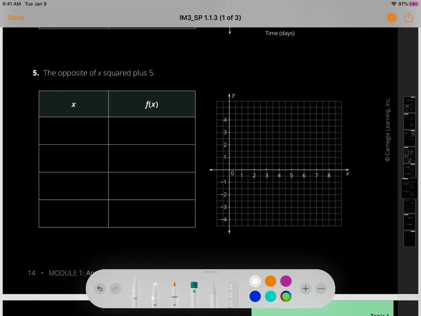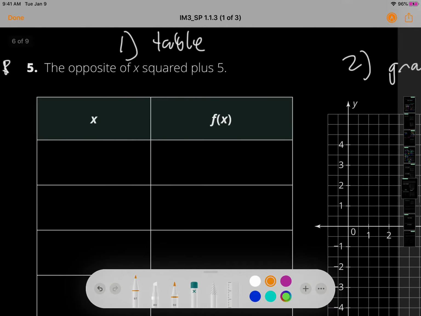All right, let's go over question B5. Remember, we need a table, we need a graph, and then we're going to need an equation. So we need these three things from, oh no, a word problem. The opposite, so let's make this into, they call this translation.